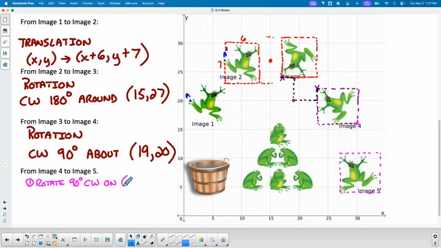What point is that? 3, 16. Okay, so now my image is sitting like this. Then we can translate it down.